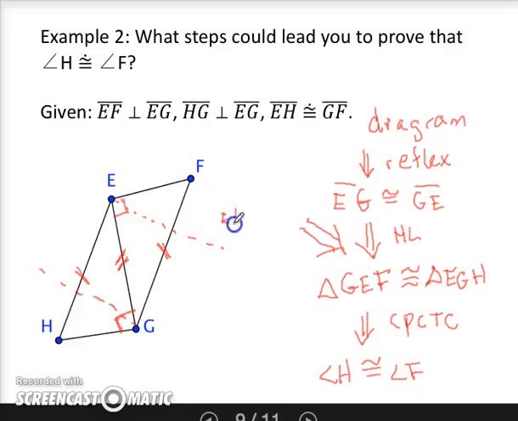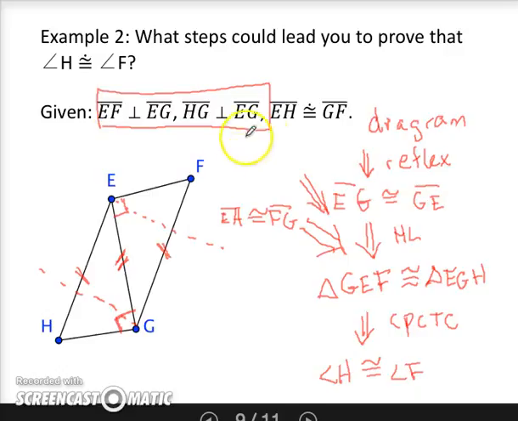EH is congruent to FG, which was a given. And I also needed another given. I have three arrows coming together to form this HL congruency theorem. I also needed the fact that FEG and HGE were right angles, or these givens here.